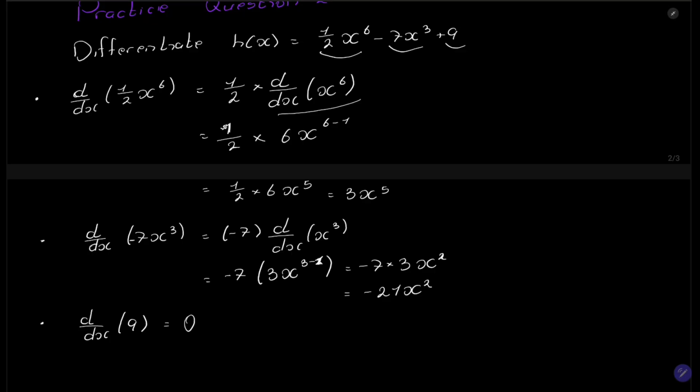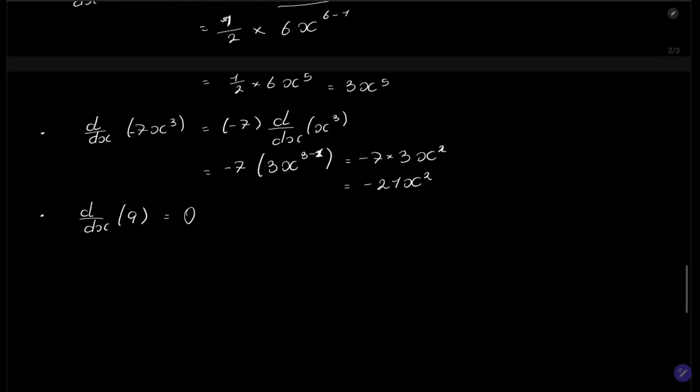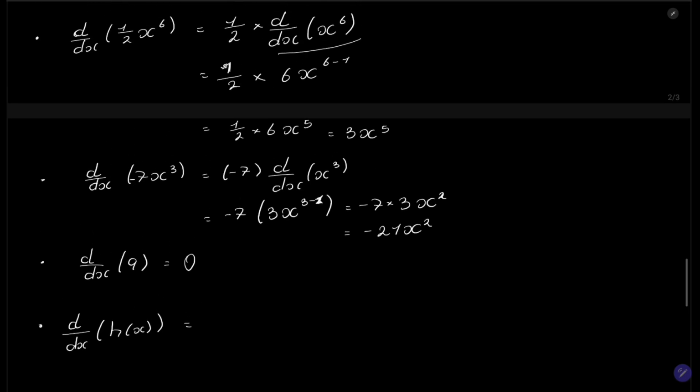Moving on to our third step, which tells us to add or to subtract, that is, to combine these different derivatives. We have the derivative with respect to x of our function h of x is the same thing as the sum of our different derivatives, that is d/dx of half x to the power 6. In this case, we use plus here because the negative was considered when we were calculating the derivative of our second term, negative 7x cubed.